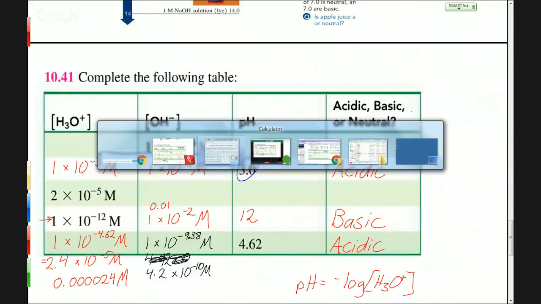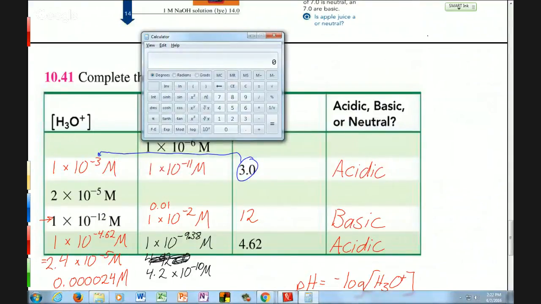So on this one, you have to put the number in first. This is not the best calculator for doing this. So 2 times 10 to the minus 5. And then we would take the log of that and make it negative.